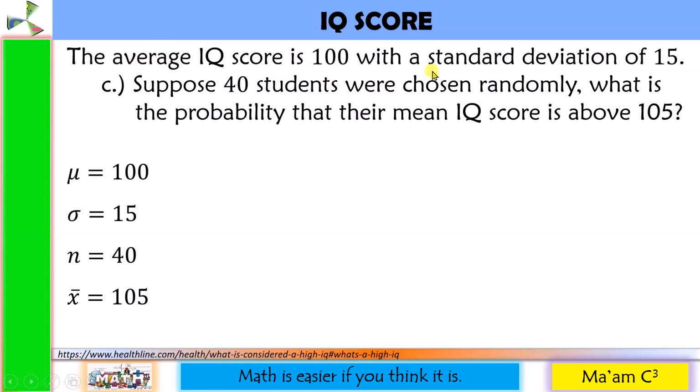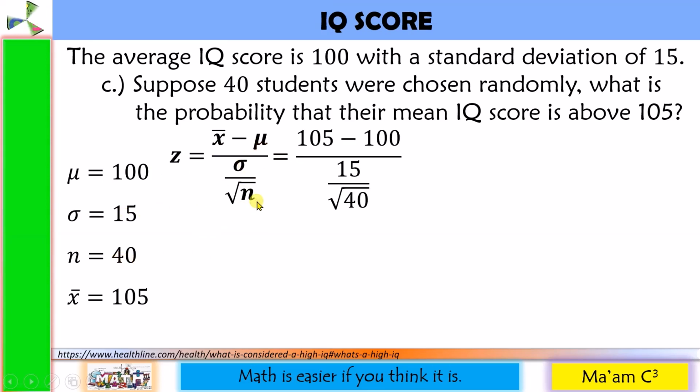Even though there is nothing written in the problem that the distribution is normal, because our sample size is greater than 30, then we are going to use Z distribution. We are given sample mean, so the formula that we are going to use is this one. Let us substitute 105 for x bar, 100 for mu, 15 for sigma, and 40 for n.